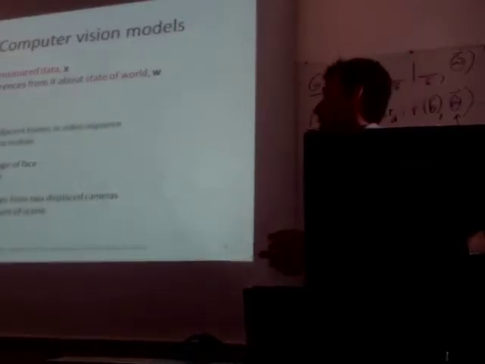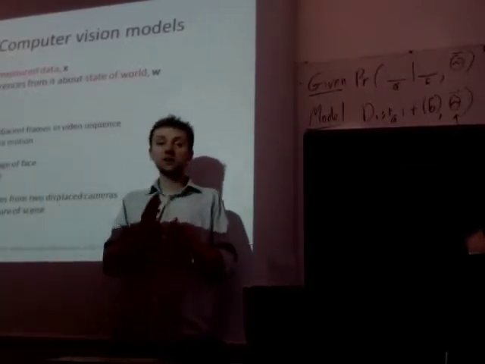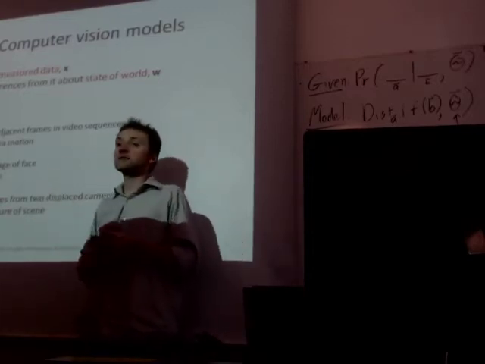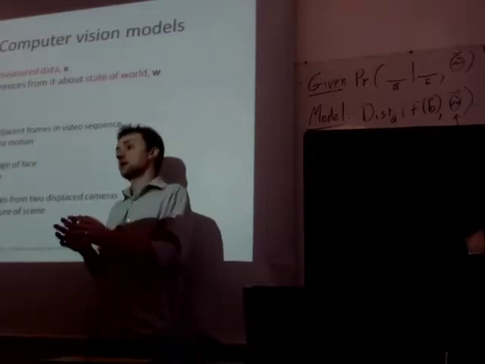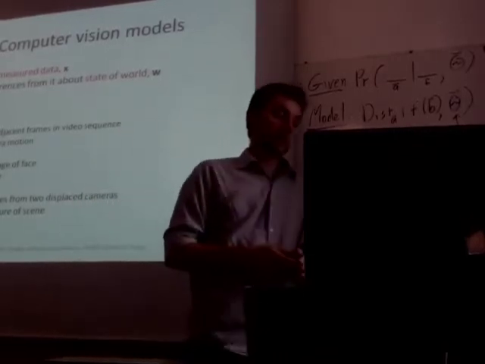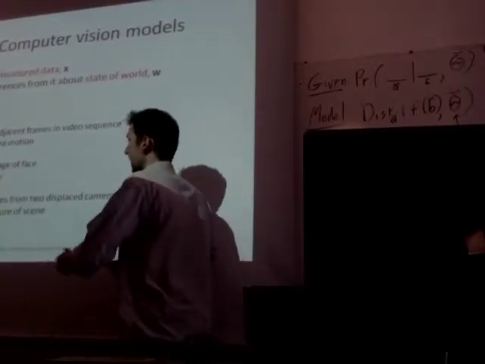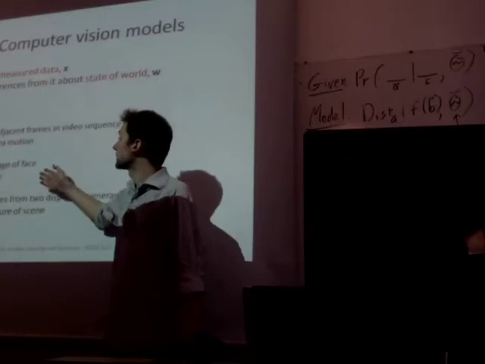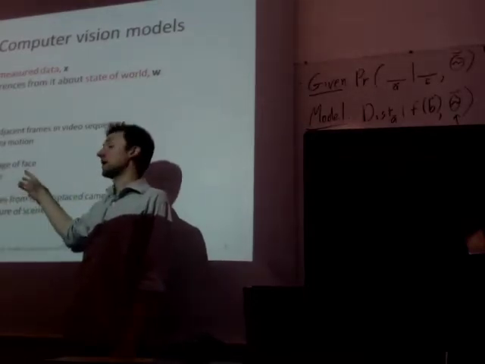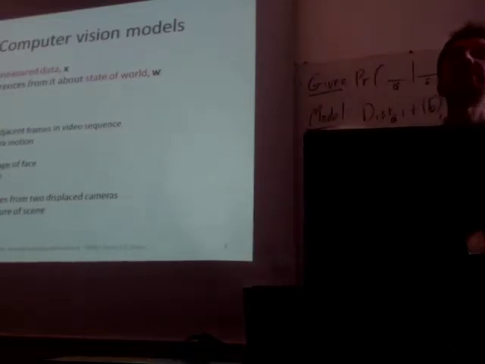All right, so examples are that you might see adjacent frames in a video. I give you a video, and you're trying to estimate how the camera moved between frame 1 and frame 2. So the inference part is this end part. That's where you deliver the solution back to me to the question, what was the camera motion? I might observe an image of a face, and I'm now trying to infer the identity of that face.